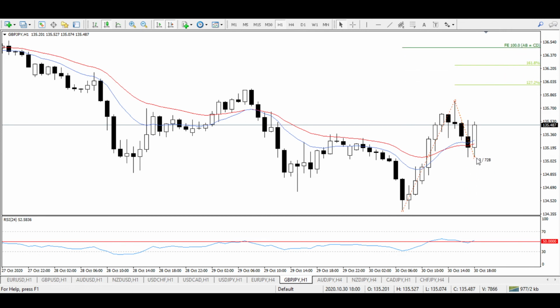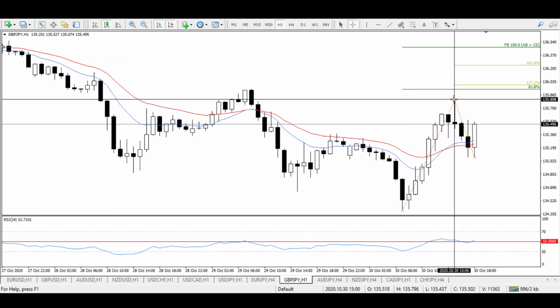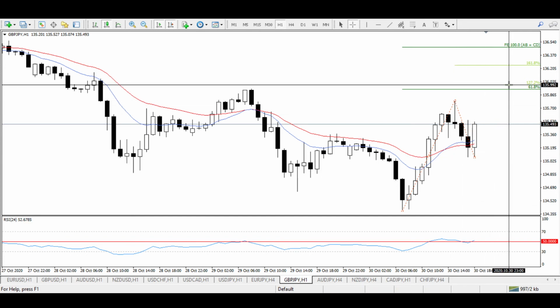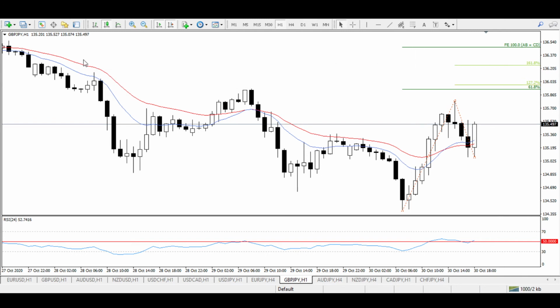So if we look for AB equals CD, or if we add just 0.618 level, that is 61.8% of the length of AB, this will give you the nearest resistance somewhere around here. And if we forget the length of AB, if we calculate as per the length of BC, that is the retracement from this point to this point, this will give you the completion point at 127.2%. That is the nearest completion point. So the very nearest resistance zone that we have right now on this chart is this shaded area.